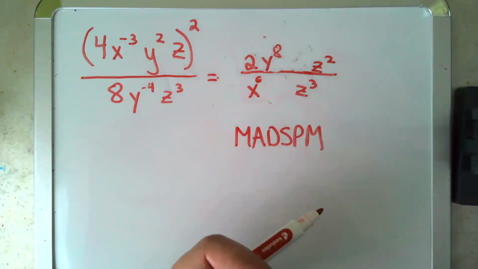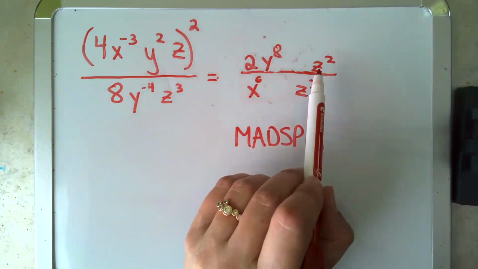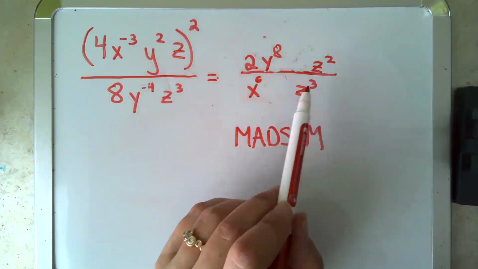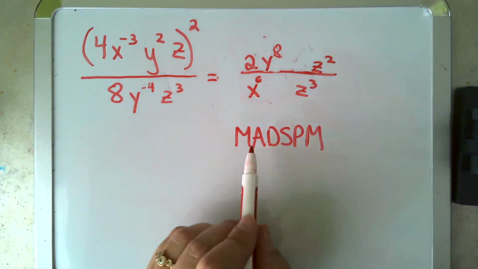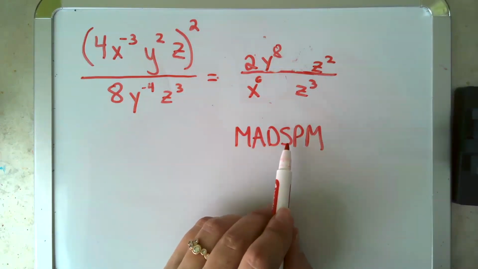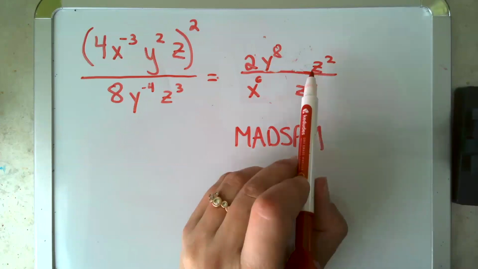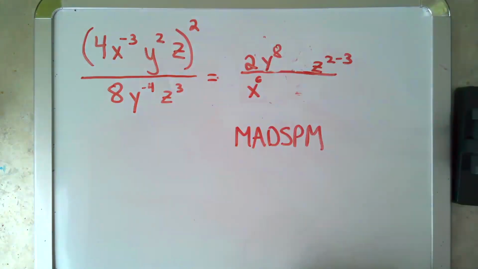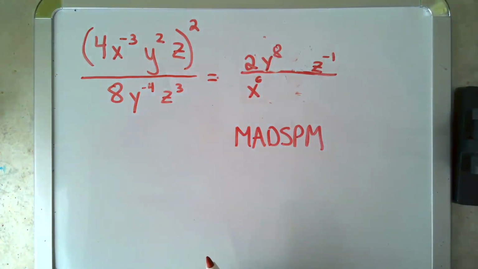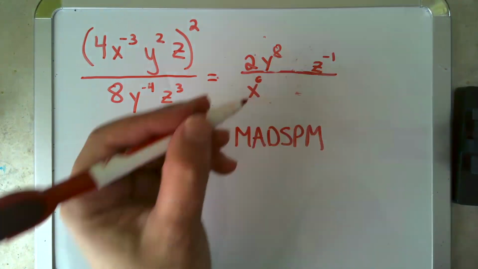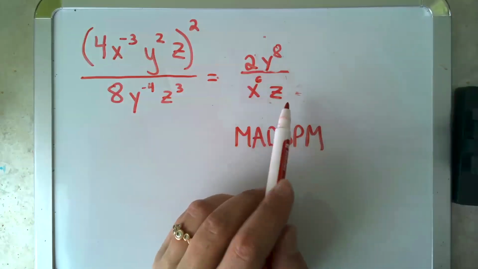So y to the 4 times y to the 4, that doesn't turn into a 2y or anything. It stays just y. Now our final piece, z to the 2nd divided by z to the 3rd. We can do this one of two ways. When we divide exponents, we subtract their exponents. So we could turn that into z to the 2 minus 3 on top, which becomes z to the negative 1 on top, which becomes just z to the 1 on the bottom.